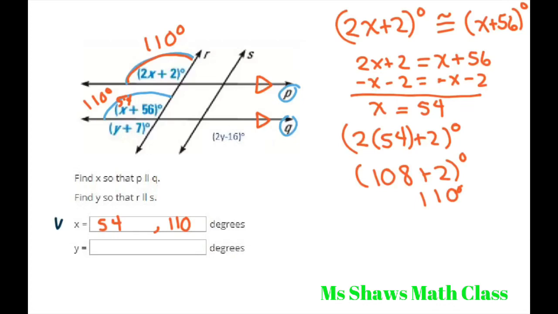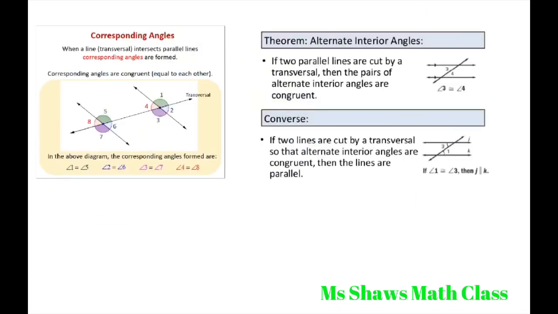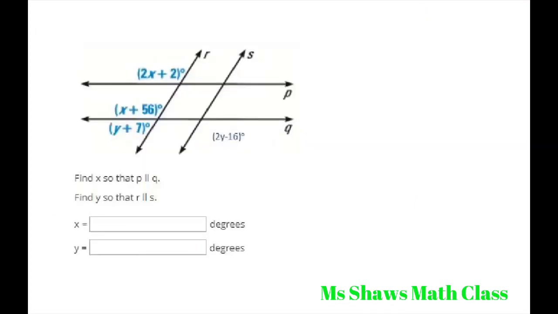Now to find y, we already know that this angle here is 110 degrees. So we want to find that R is parallel to S. So that means our alternate interior angles must be congruent. So what we're going to do is set those equal to each other.